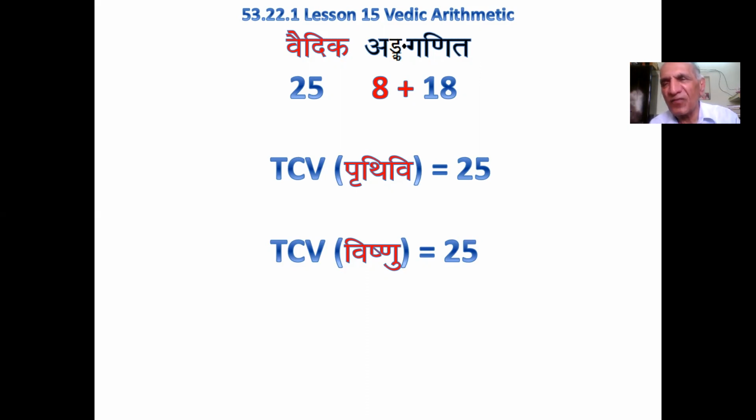From the letters alphabet formulations like Vedic Ankganit, we have to reach the numbers alphabet, which will translate Vedic Ankganit into 25, 8 plus 18, 25 to 26. So the reach here is going to be from 25 to 26.